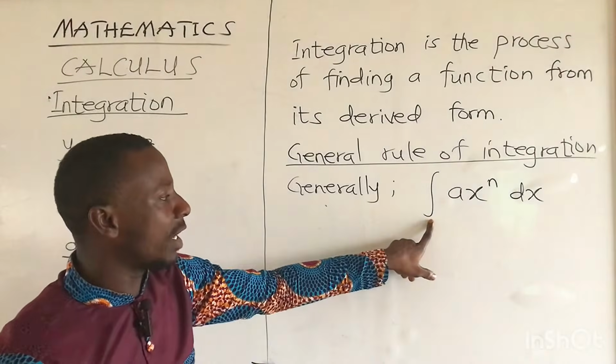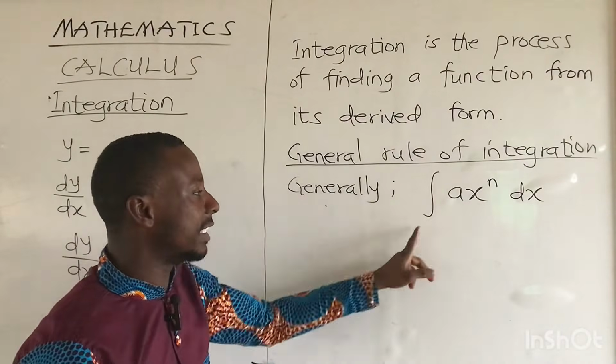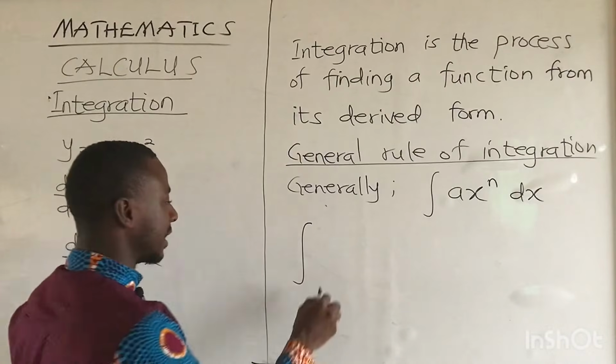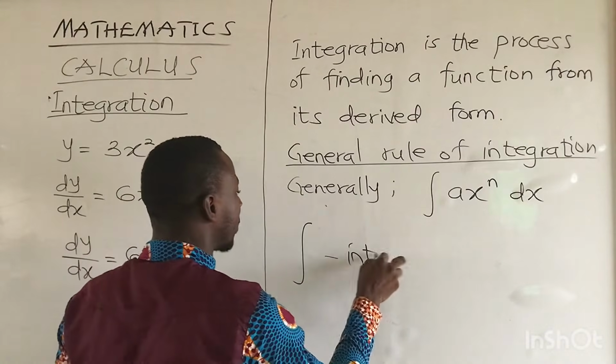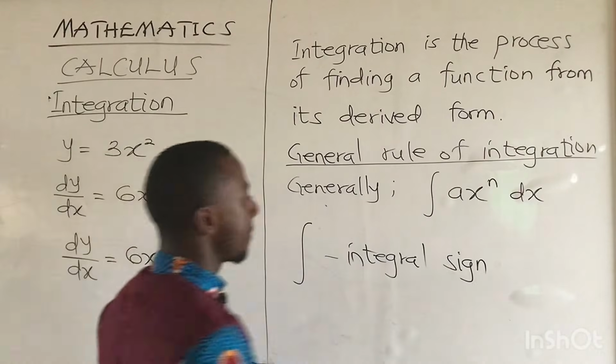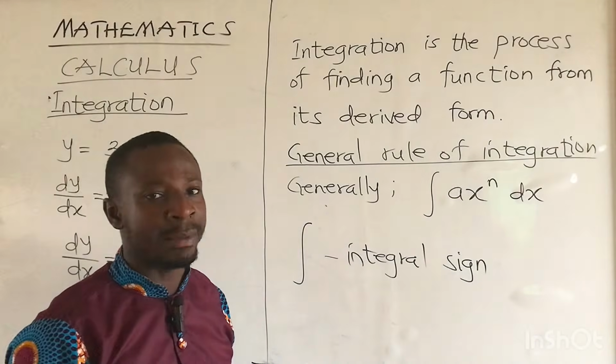Now the sign here, we call it the integral sign. It's an elongated s. So when you're asked to integrate this, how do we go about it?